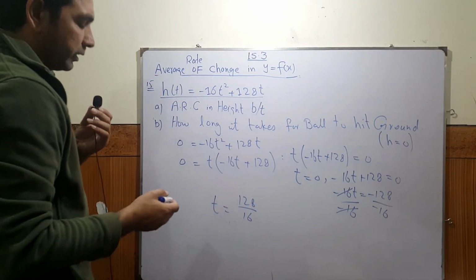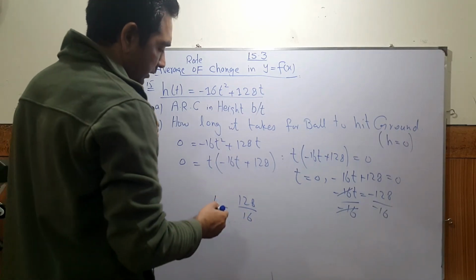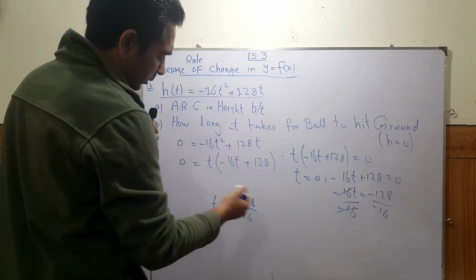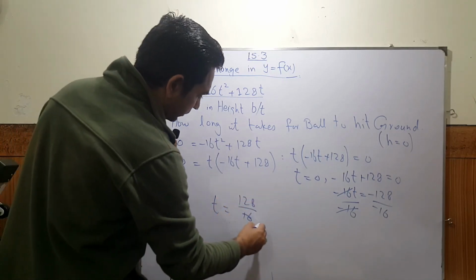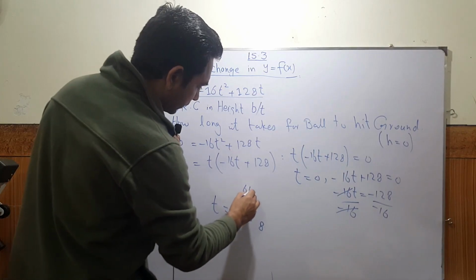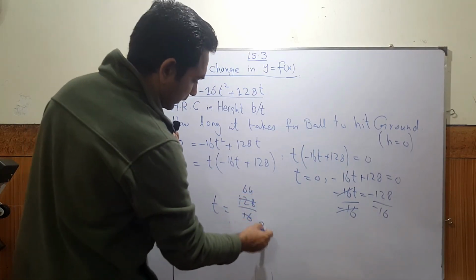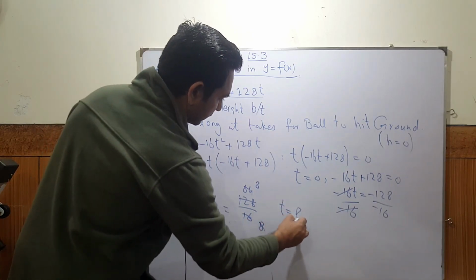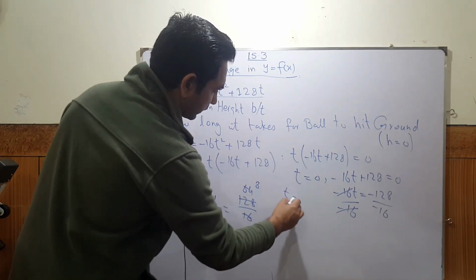You can simplify it starting from 2, or if you have a good knowledge of cancellation, you can do it with big numbers. So 8 times 8 is 64, and your t is 8 or your t is 0.